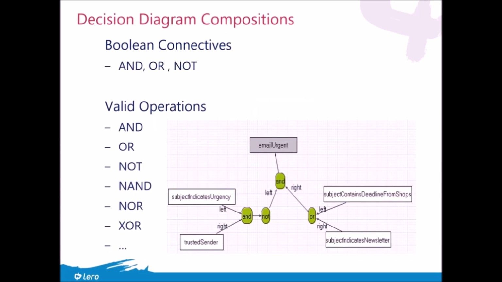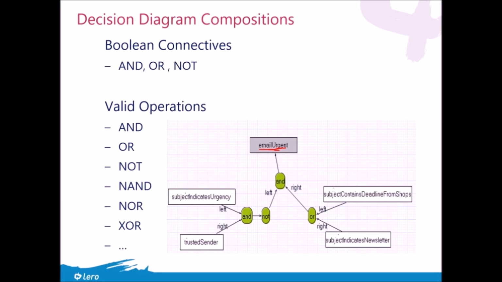Boolean decision diagrams can then be joined together or composed into a final decision diagram and used as an overall classifier. So essentially we have our function here, email urgent, and this is using 1, 2, 3, 4 decision diagrams. In the composition, we can use our Boolean connectives and, or, and not.